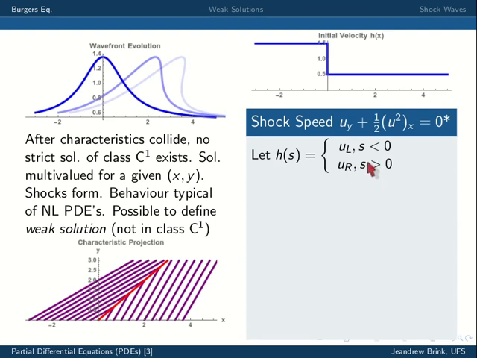Okay, so this is just an example of how we try and capture the shock, and then I'm going to derive the more general formulation afterwards. Okay, and so this is what we call a step function, just a rescaled one. And we have that u left is greater than u right.